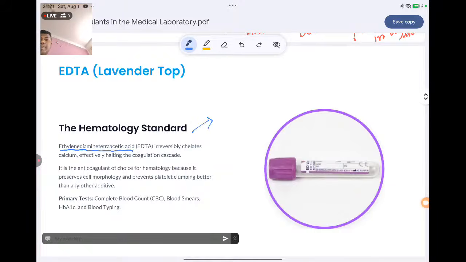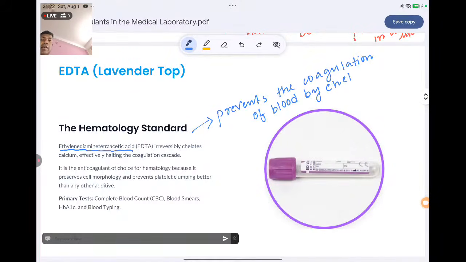It prevents the coagulation of blood by chelating the calcium ion.